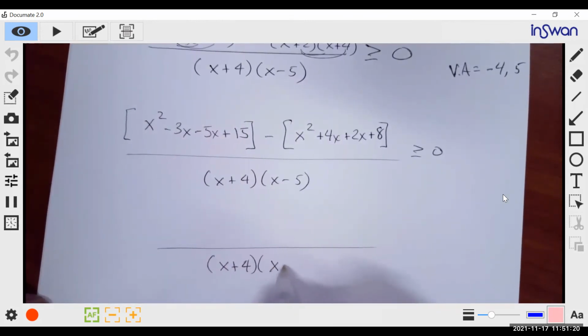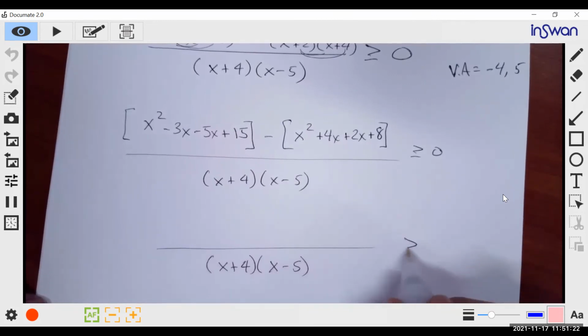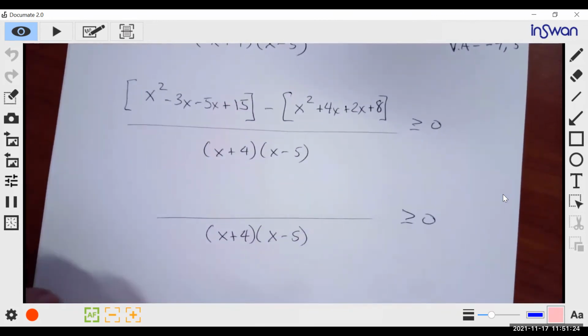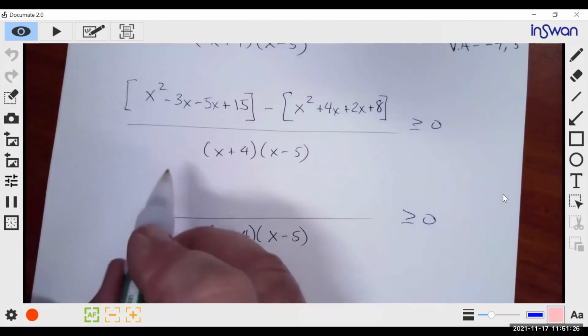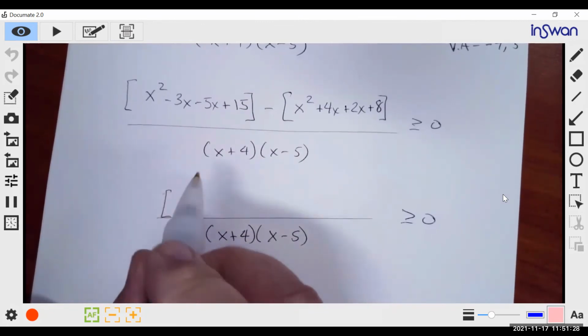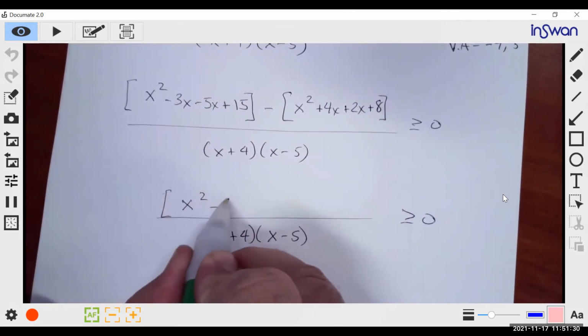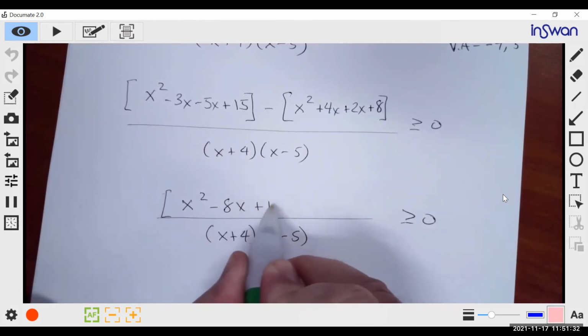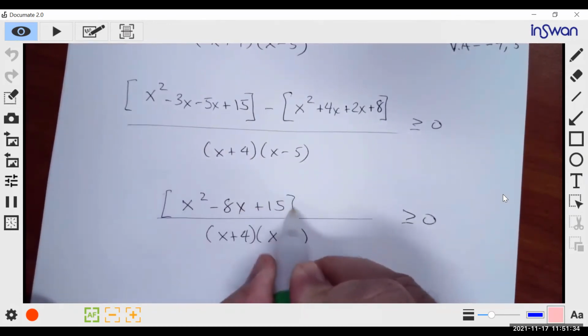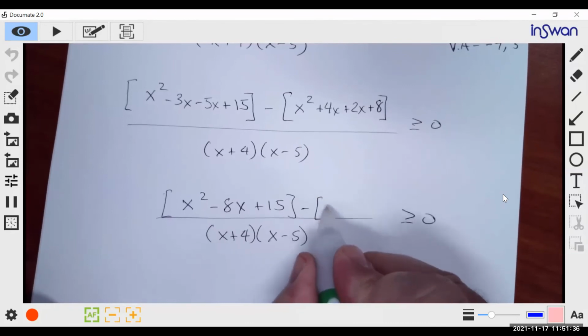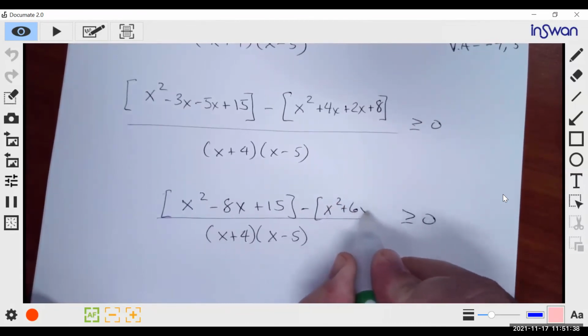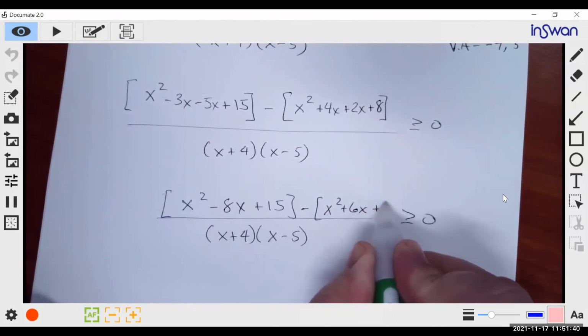X plus 4, x minus 5 on the bottom. Combine like terms inside the brackets. So we have x squared minus 8x plus 15 minus x squared plus 6x plus 8.